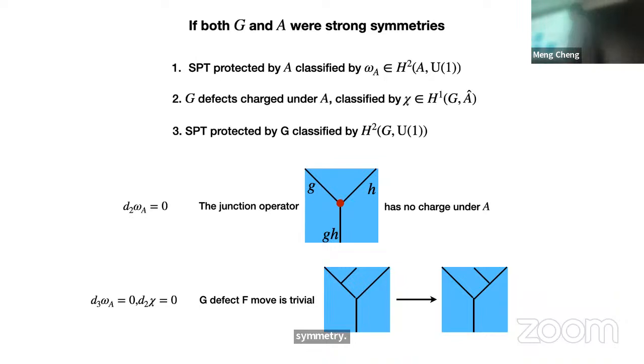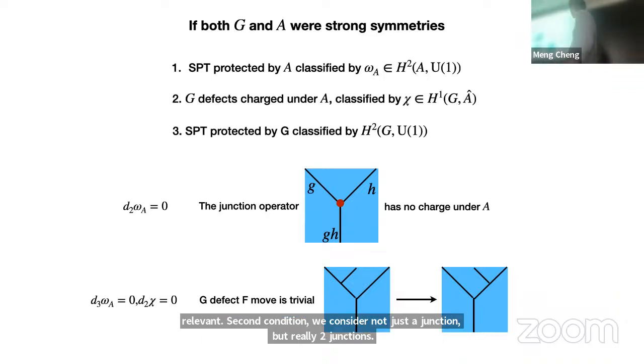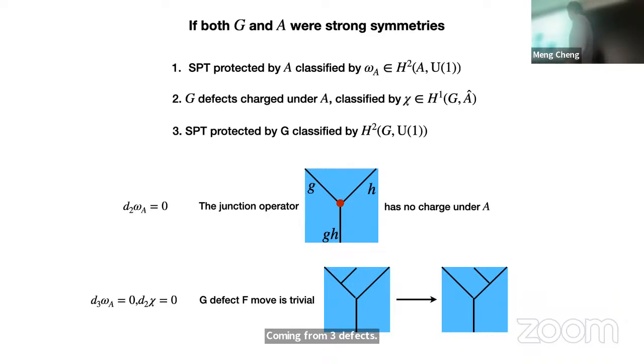The second condition is a little more subtle. We consider not just a junction, but really two junctions coming from three defects, fusing into one. So imagine you have three defects and fuse them in two different orders, and then you should get the same result. But the two orderings of fusion could differ by a phase factor. Okay.